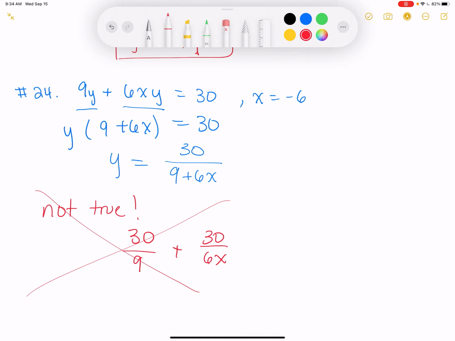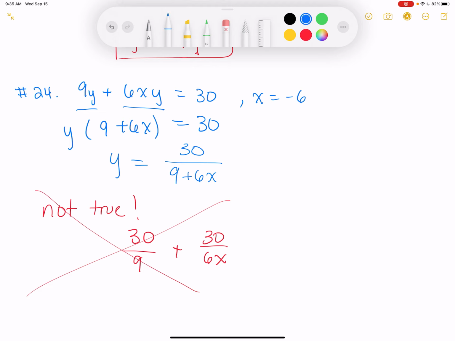If it was reversed, we could do it, because then you would have 9 over 30 and 6x over 30, and that's okay. But the denominator can only be one piece for you to split it. It doesn't even make sense. Believe me, I'm with you, but I'm letting you know that it happens a lot more than you would think.